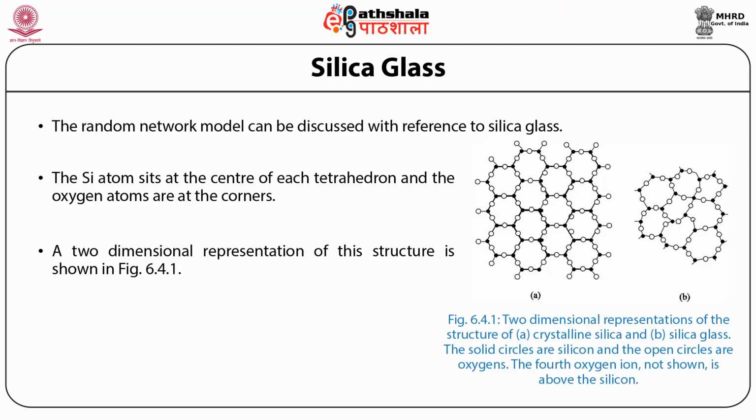You can see that the solid circles are silicon and the open circles are oxygen. So it is clear that the silicon atom, the solid circle, sits at the center of each tetrahedron, and the oxygen atoms, which are open circles, are at the corners.